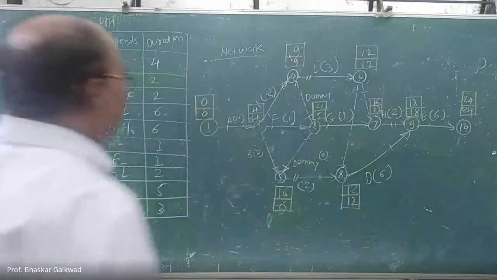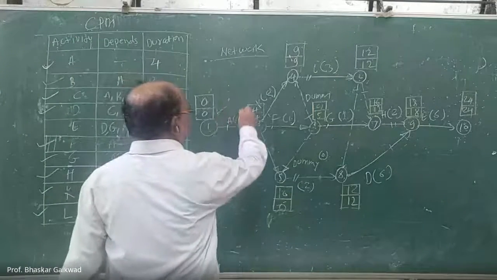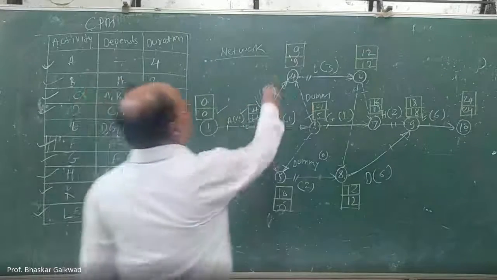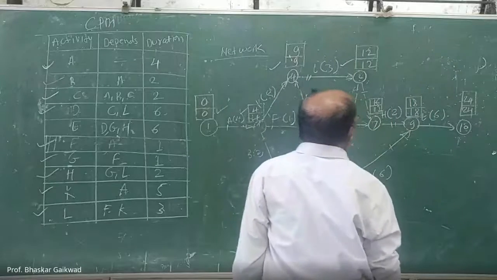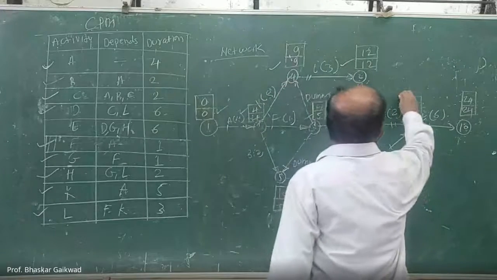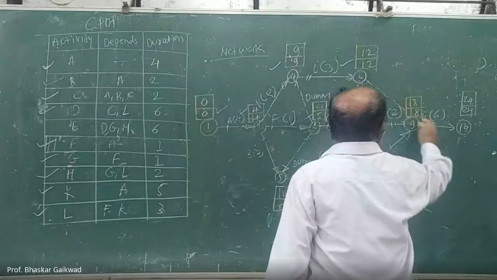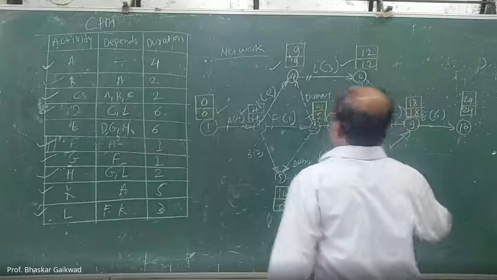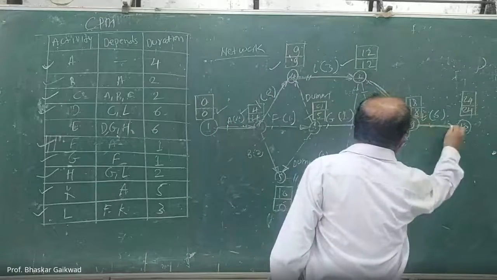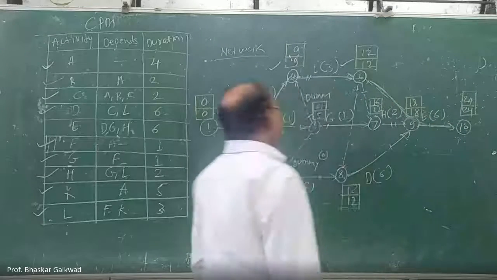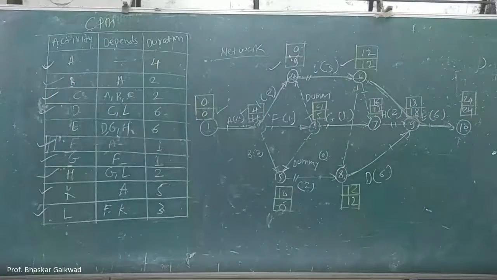Now you can find the float number. Correct. So now you can find out the total time required for this. Total time required.